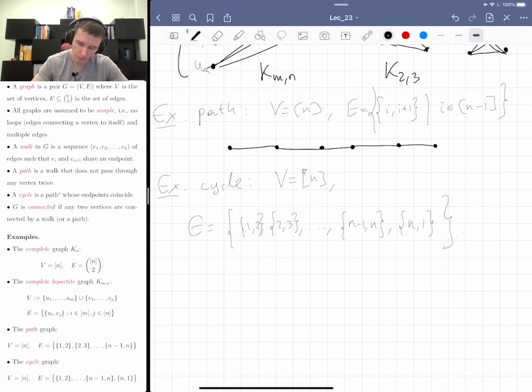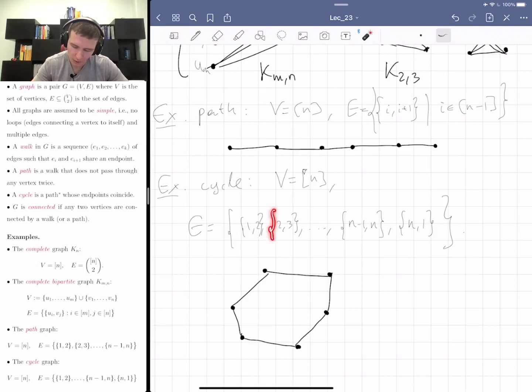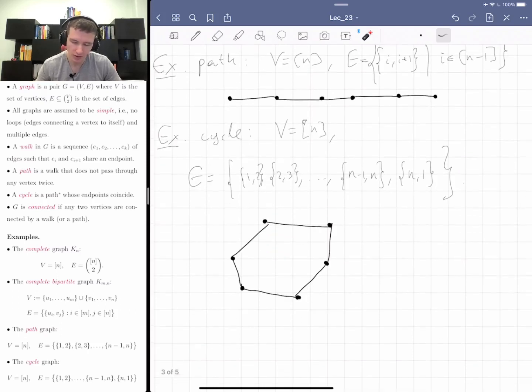It's a cycle which looks like this. What's important in this notation is that when I draw these curly braces, which means I'm drawing a set, the order of the elements in the set doesn't matter. So in other words, the graph is undirected. I could have chosen a direction for each edge, but I'm not doing it here. And that's it.